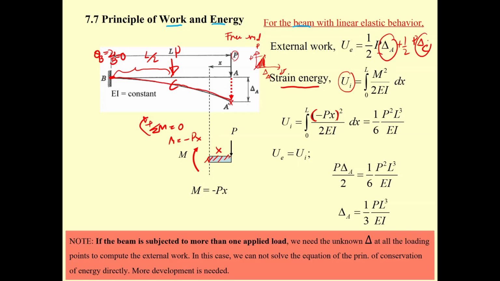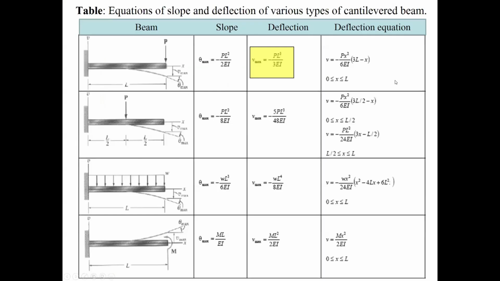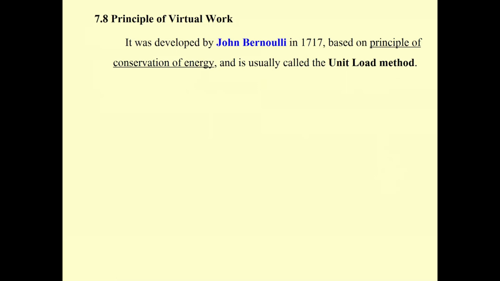Since this one has 2 unknowns, you cannot solve the equation of the principle of conservation of energy directly because there are 2 unknowns to compute. So further development must be done. Let me stop my first part over here, the principle of virtual work. Let me take a break.